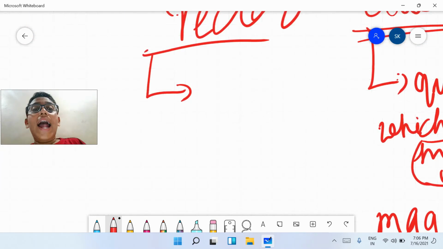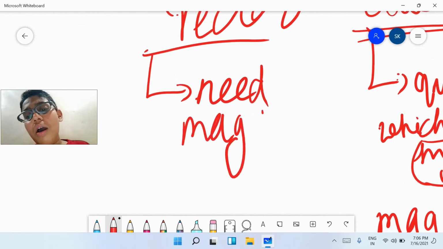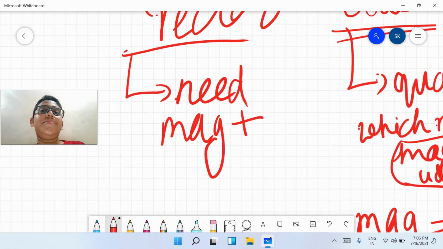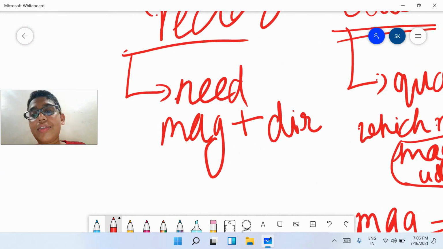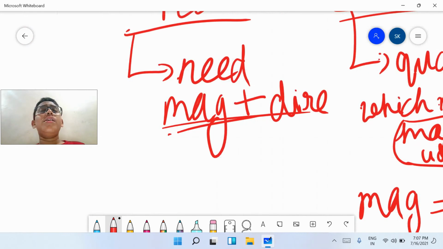Now vectors. What are vectors? They are basically made up of magnitude plus direction. If you want to catch a thief and somebody tells you he's 5 meters around you, what will you do?